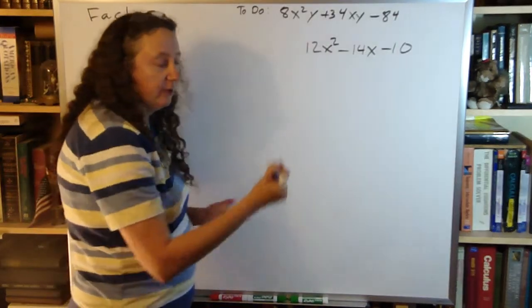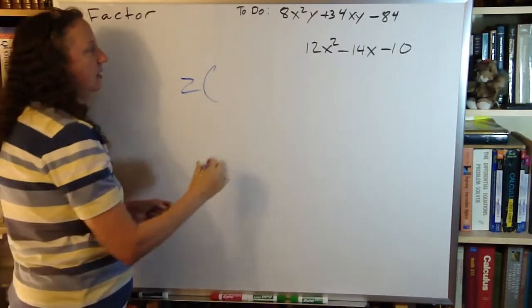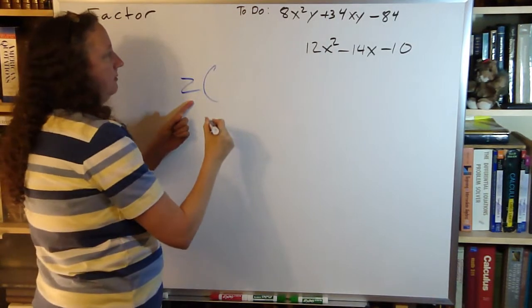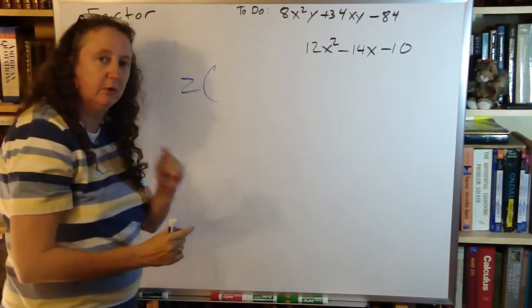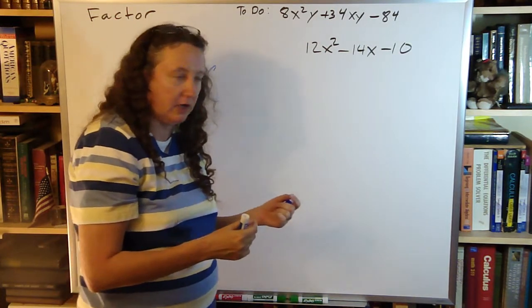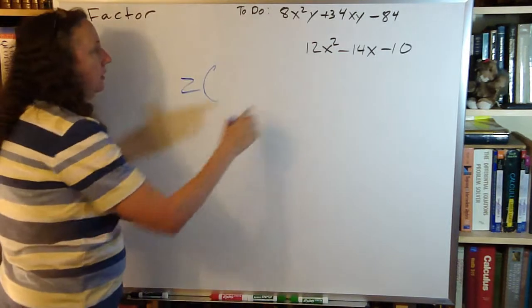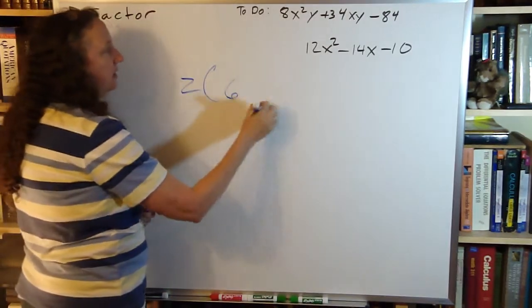So that's going to be my first step. First I also have to double check. Can I factor out a letter? Can I factor out an x? No.